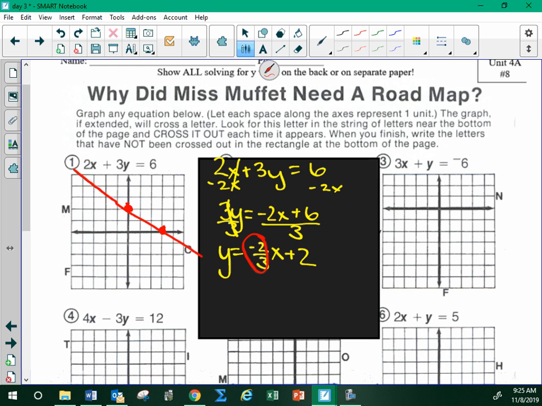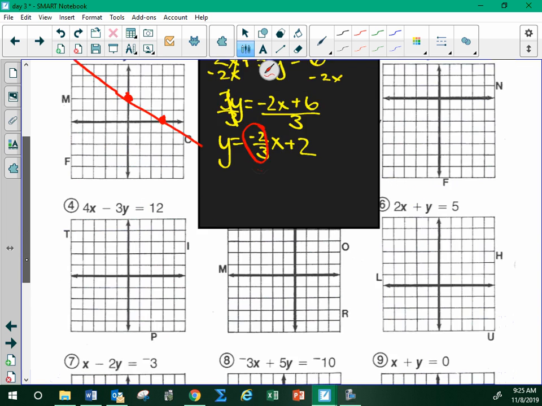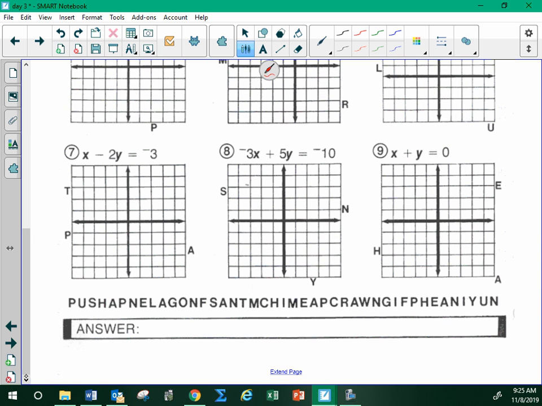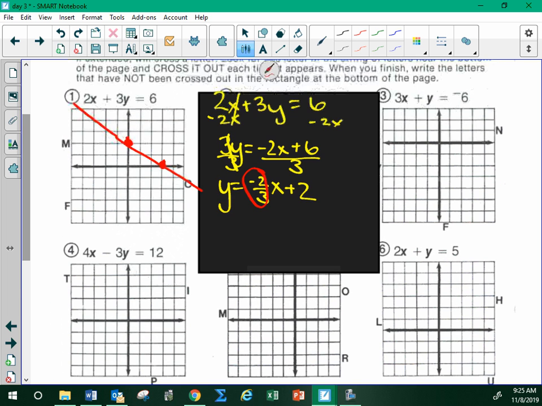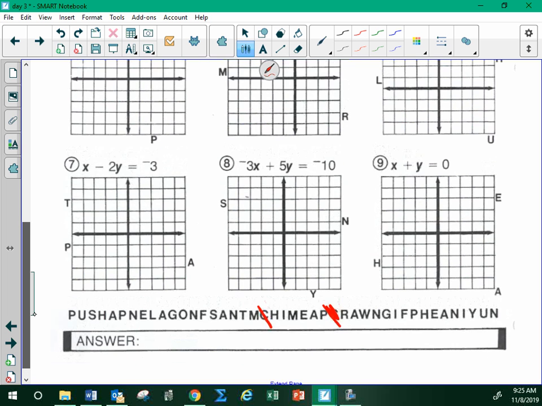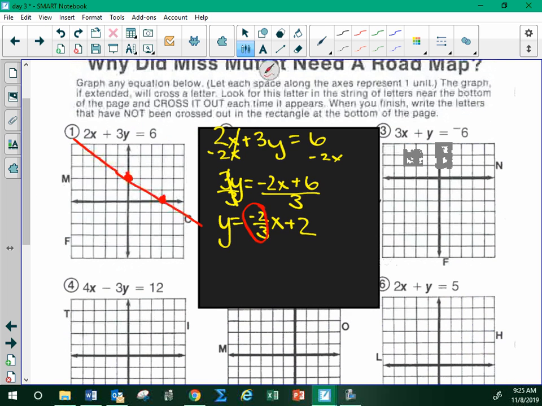It will cross a letter. Look for this letter in the string of letters at the bottom, and cross it out each time it appears. So we're going all the way to the bottom. We now cross out C every time we see a C. That's how we get our answer. Whenever the line crosses through a letter, that's what you cross out at the bottom.